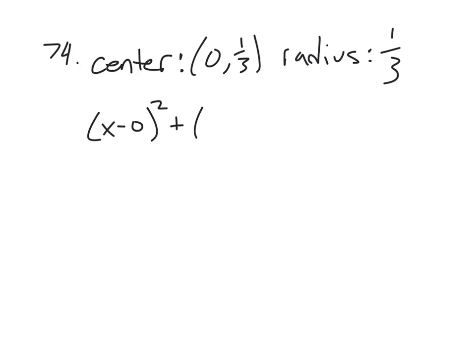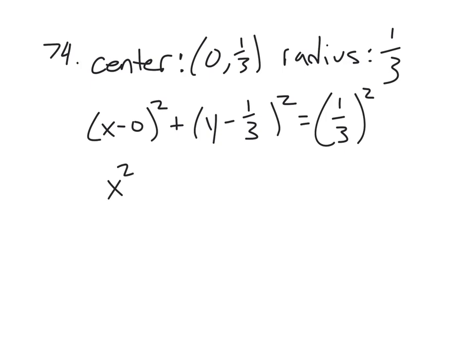Plus... yeah, right, always the opposite sign, equals 1/3 squared. Okay, and you probably wouldn't leave it like that, right? You'd probably say x squared here. You'd leave this part exactly as it is. And then you might write this as 1/9. Is that okay?